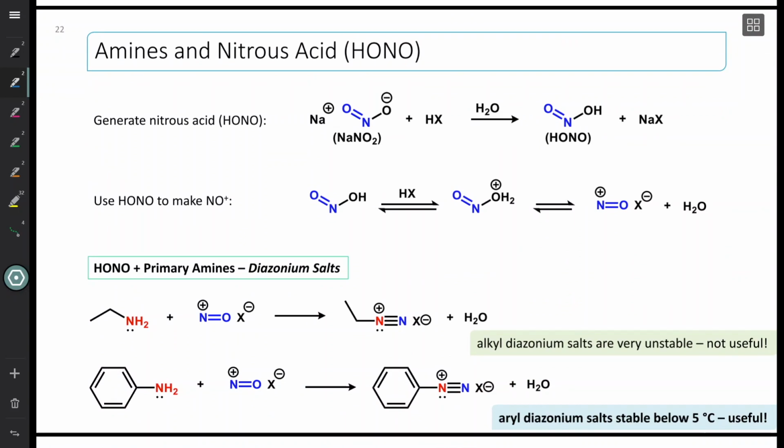All right, so now we have a new electrophile that we have not seen before. It is called nitrous acid, and we call it HONO because nitrous acid is this nitro group with a hydroxy, so it literally is HONO.